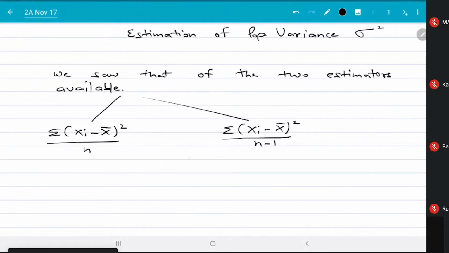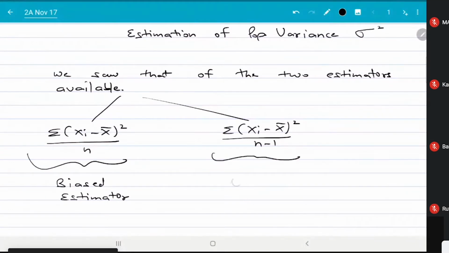Okay, and then we saw that this was a biased estimator and this was an unbiased estimator.